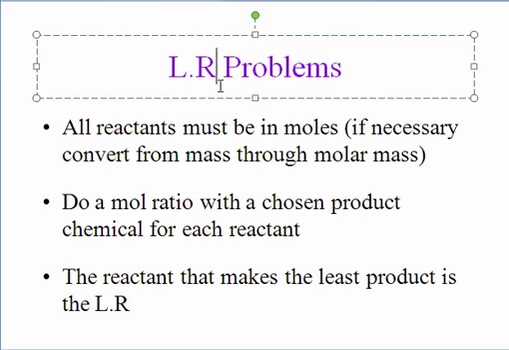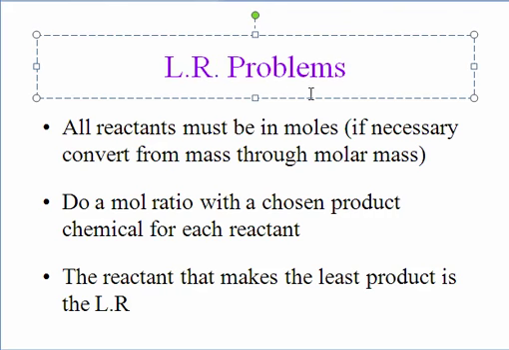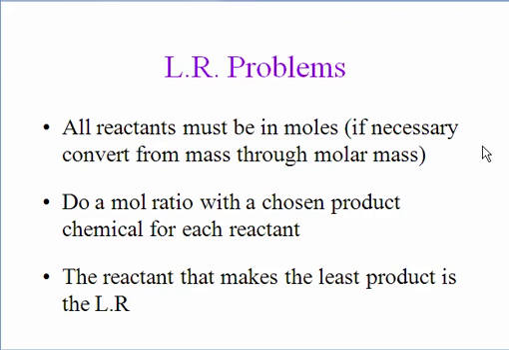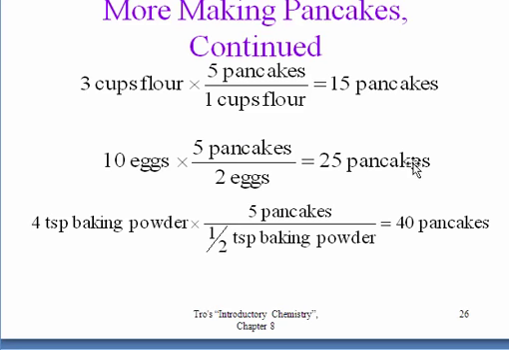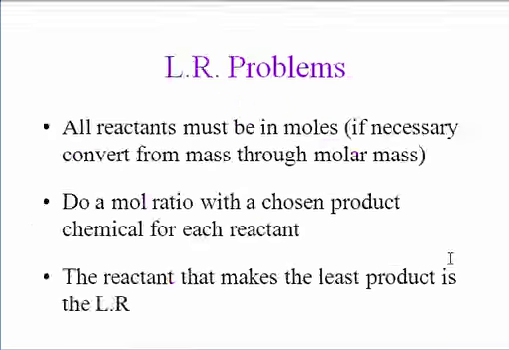Limiting reagent problems, which I'll refer to as LR problems, are just a type of stoichiometry, because as we saw in our pancake example, we used our ratio from our recipe to figure out how much product each reactant will make. We're going to do the same thing with LR problems.